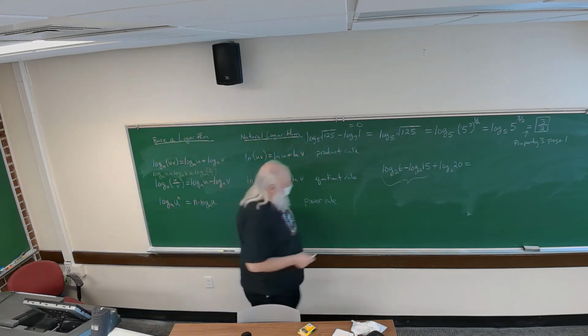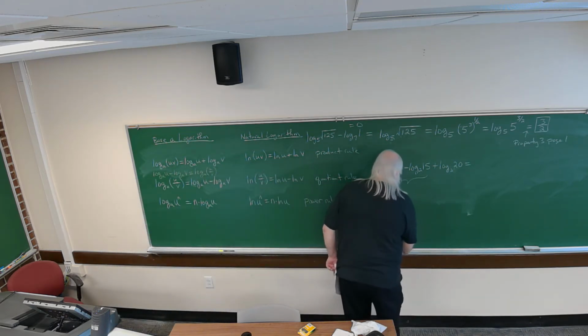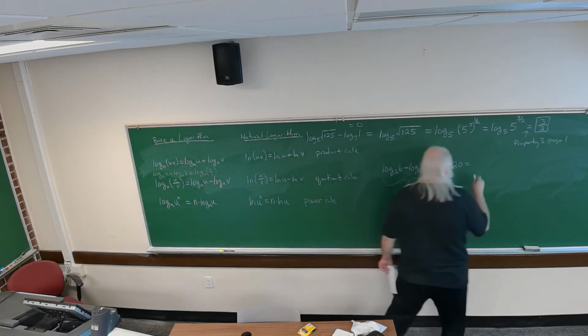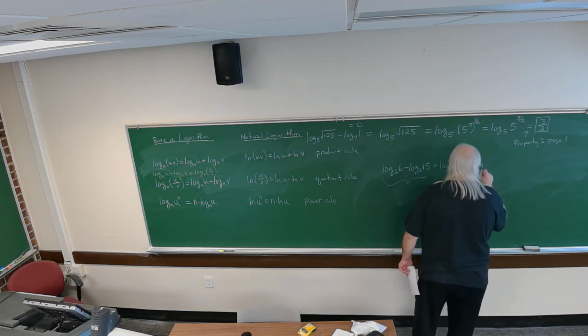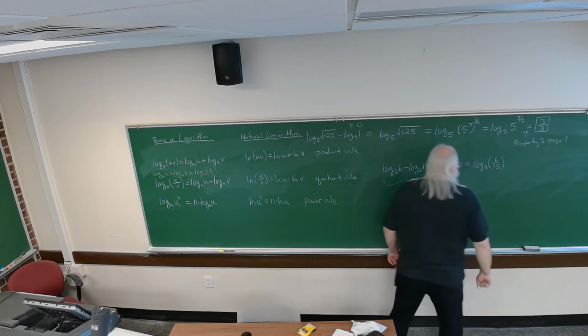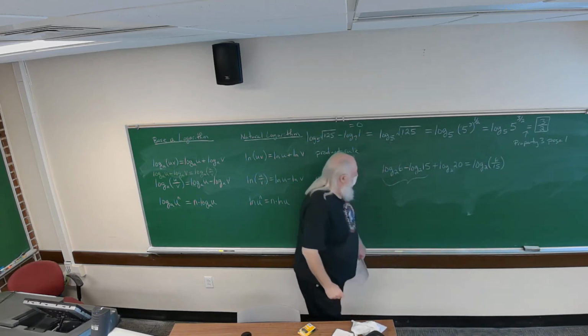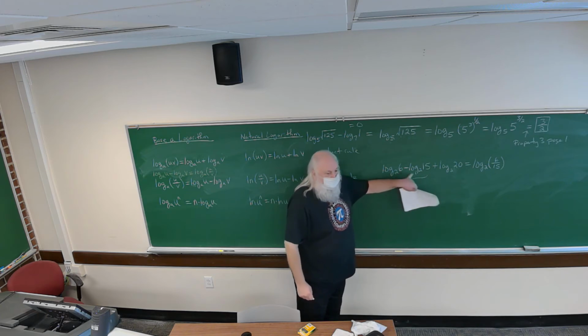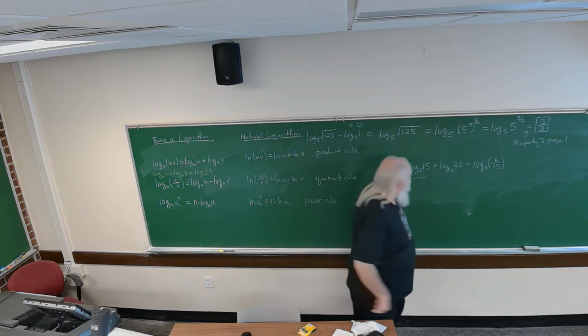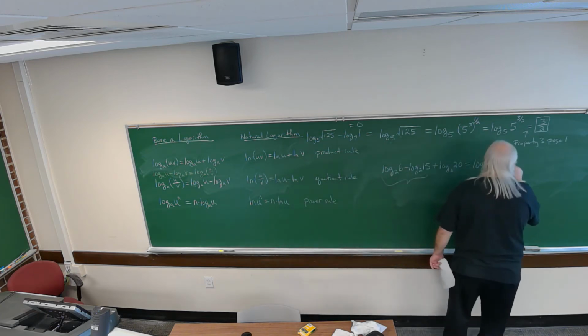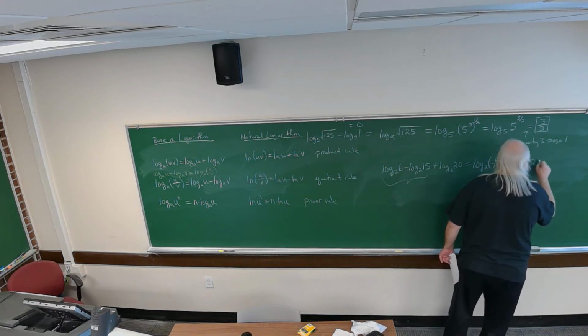So this difference of these two logs is equal to log base 2 of 6/15, with 6 in the numerator and 15 in the denominator, and we add to that log base 2 of 20.